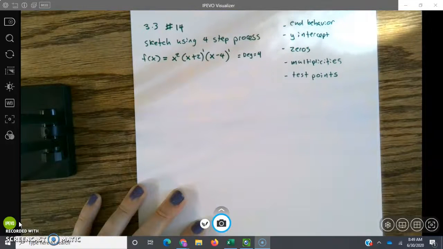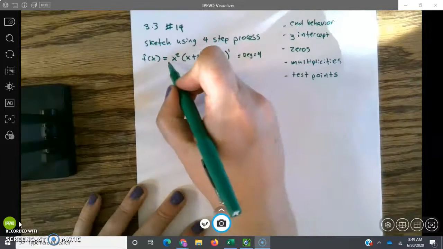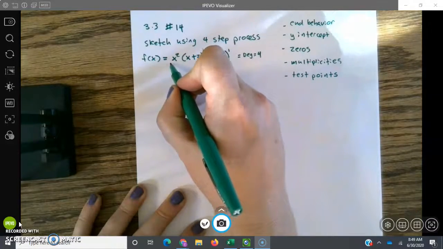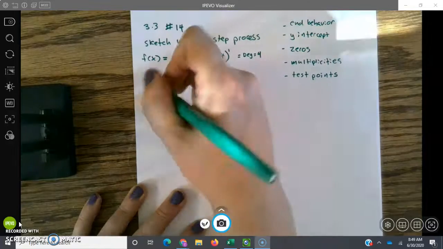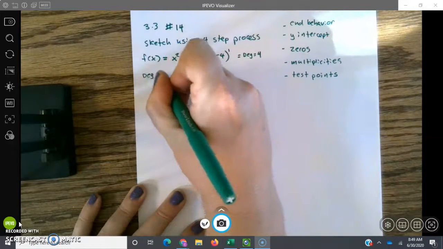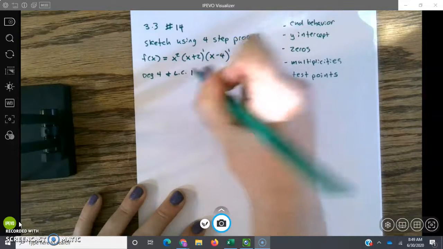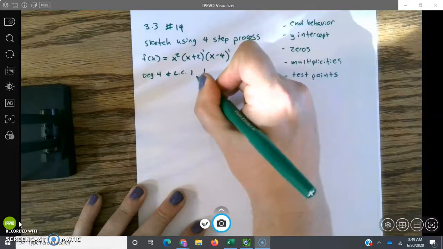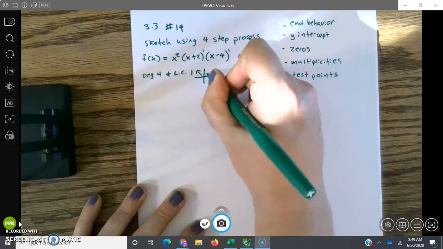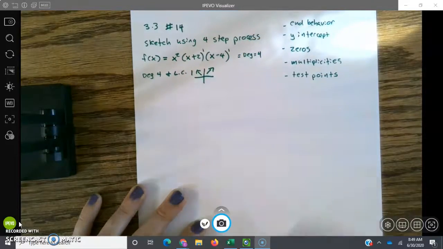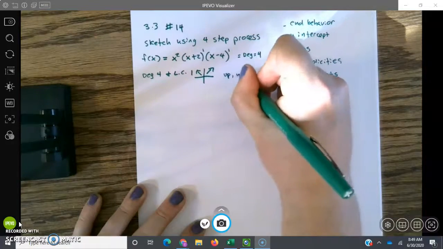Okay, so we have a fourth degree. Our leading coefficient is a positive 1, so it's not written there. So with degree 4 and leading coefficient 1, we know that the end behavior is going to be like that. So up and up.